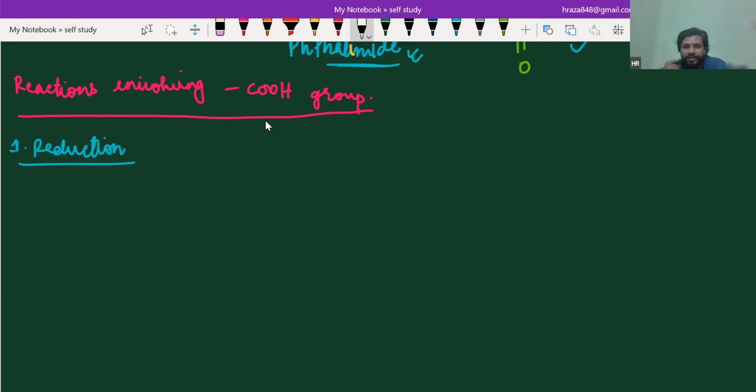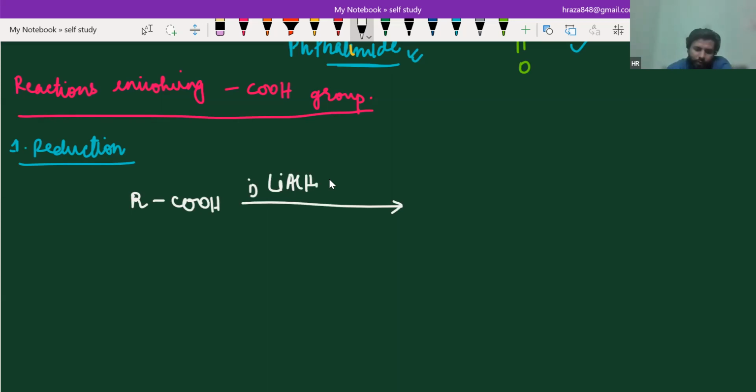So I'm going to write this is your carboxylic acid, and you are going to use lithium aluminum hydride, LiAlH4, in the presence of ether, and then on this side you do hydrolysis in the presence of acid, H3O plus. Or in place of LiAlH4, you can also use B2H6, diborane.